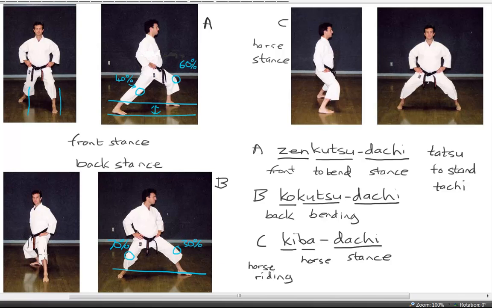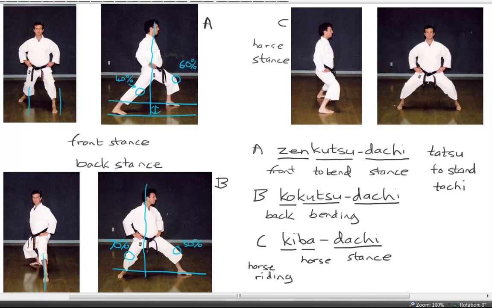As you can see on this other picture, this is a straight line here. The posture, of course, should be straight up and down, vertical, with the weight slightly back, providing the 70-30 weight distribution. Same on the front stance, the posture is straight up and down. Sorry about my straight line there, it's not very good, is it?